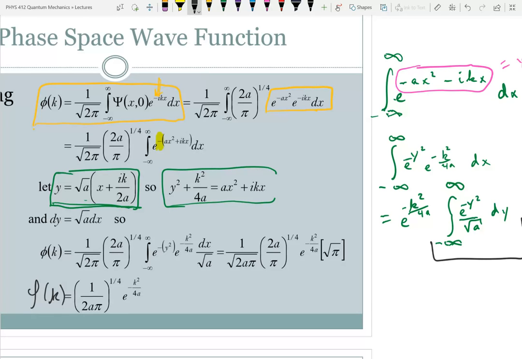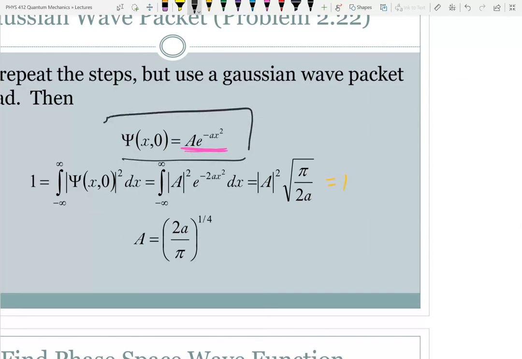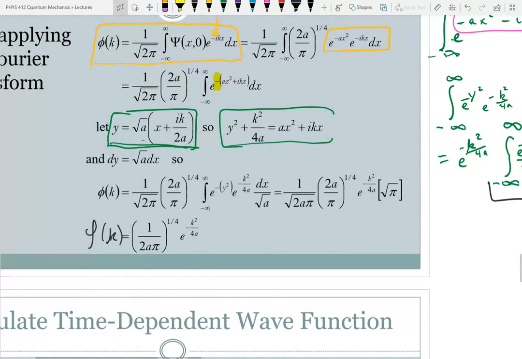So we have a Gaussian distribution in position space that gave us a Gaussian distribution in phase space, or in k space. So now we have 2 Gaussian distributions, and we can find what the uncertainty is in position and the uncertainty in momentum, and check again to see if Heisenberg's uncertainty relation is confirmed.